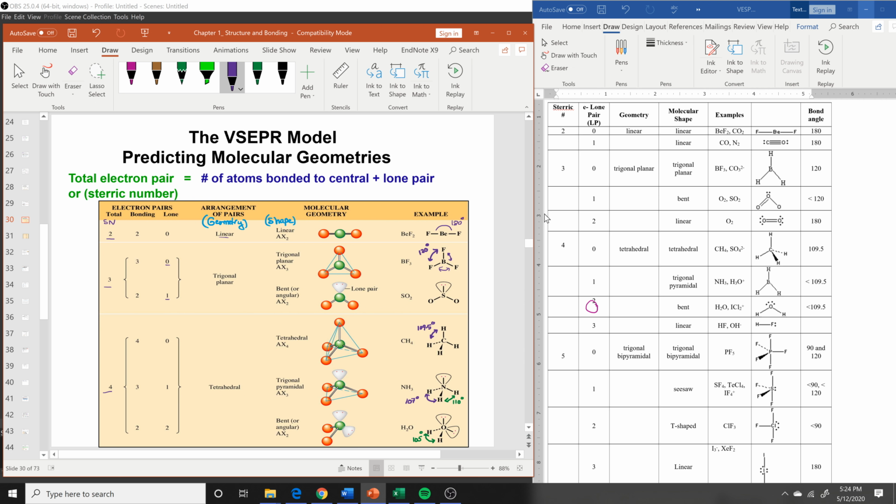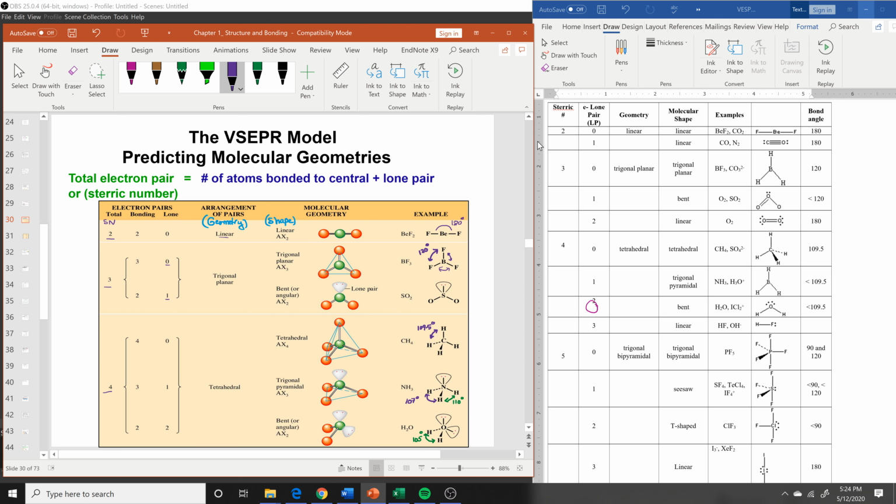Like for example here, with oxygen, you do have a steric number of 3, because the oxygen is surrounded by one group and then 2 lone pairs. One group and 2 lone pairs, this is an exception. It is a steric number of 3, and you have 2 lone pairs on the oxygen.